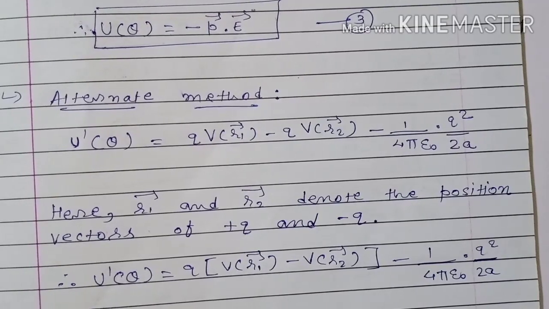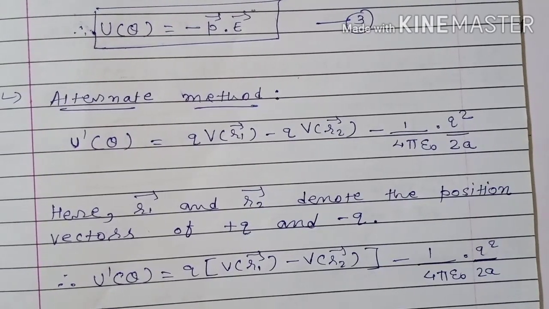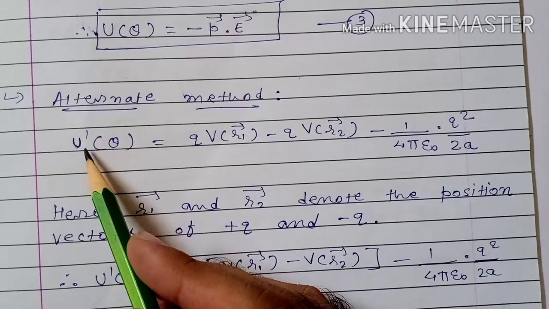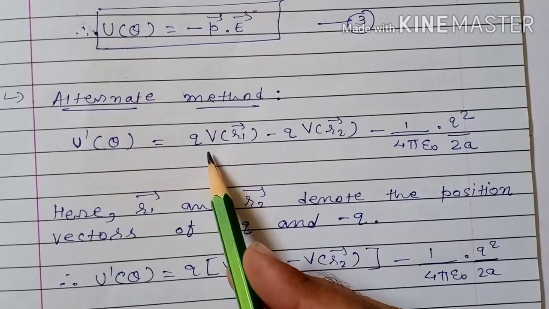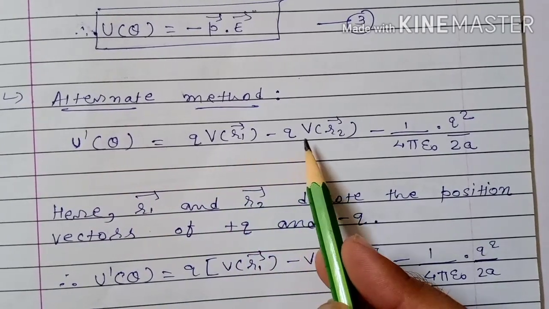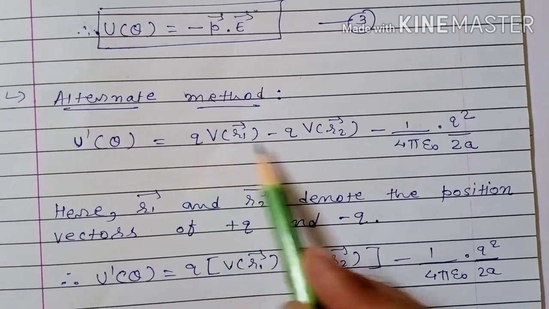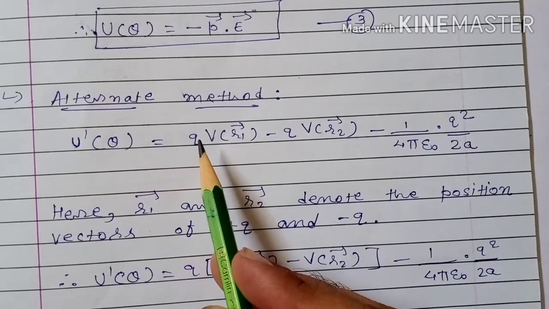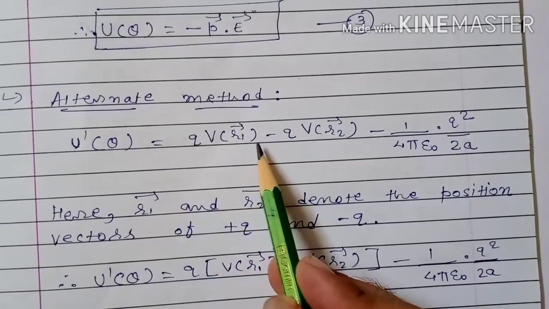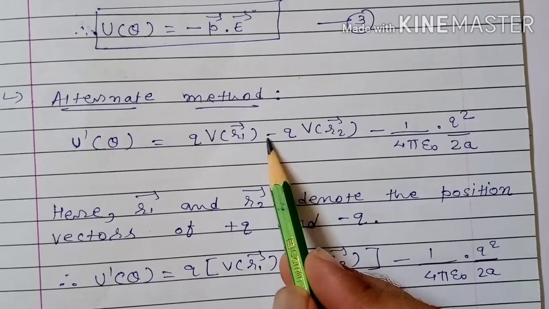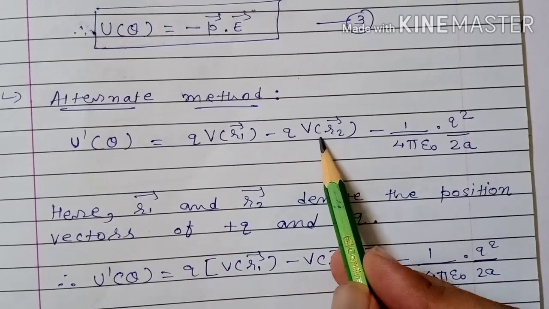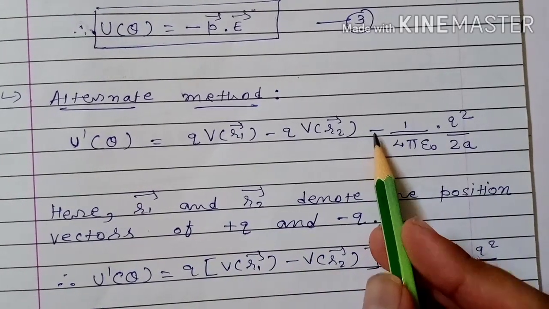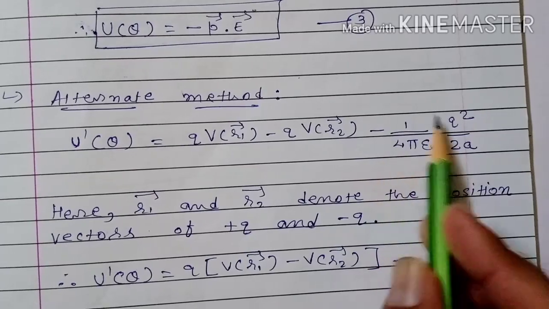So when two charges are placed in an external electric field, the formula of potential energy, here I am taking potential energy U prime theta, is equal to Q V(R1 vector) minus Q V(R2 vector). This is Q1, this is Q2. Because we know the formula of potential energy in an external electric field, Q1 V(R1 vector) plus Q2, that is minus Q, V(R2 vector), minus the potential energy of the system of two charges.